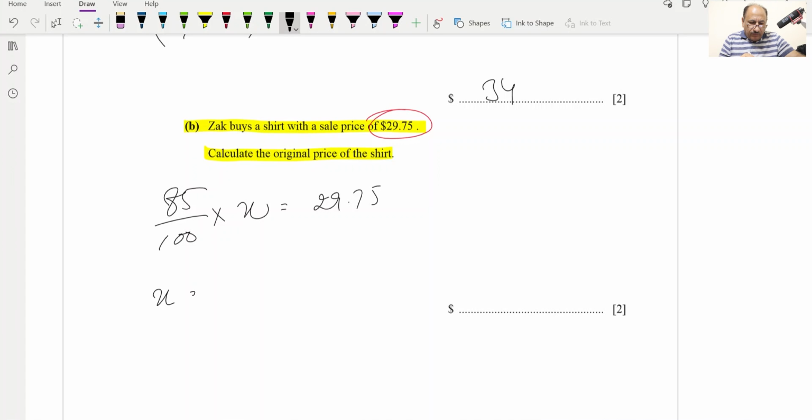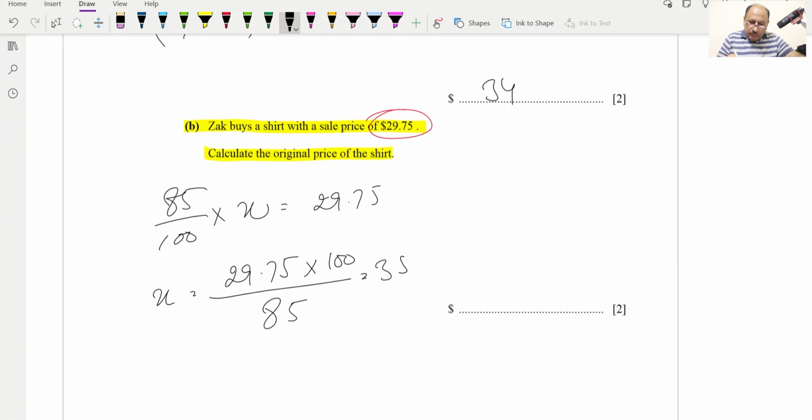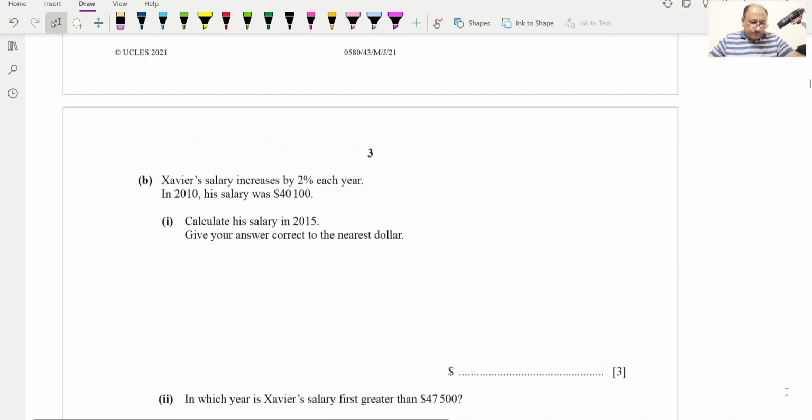So x is equal to 29.75 multiplied by 100 and divided by 85, calculated as a fraction, 29.75 multiplied by 100 over 85, and this will be equal to $35. So 35 will be the final answer for this part.